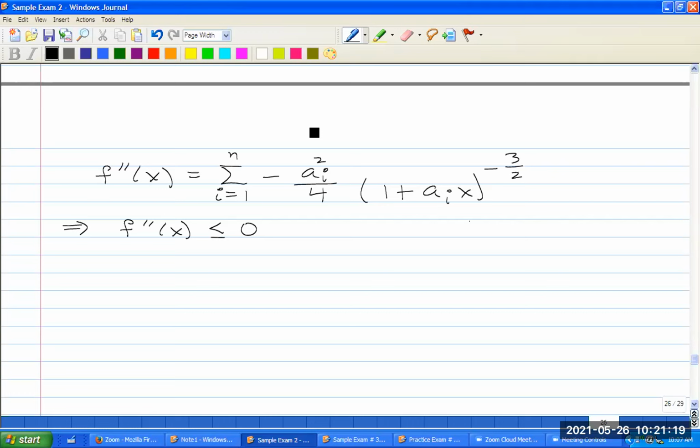Therefore, their squares are always going to be greater than or equal to 0. And so all of these terms are going to be non-positive, multiplied by something non-negative. And so this whole thing has got to be less than or equal to 0 for all x in the domain of your function.